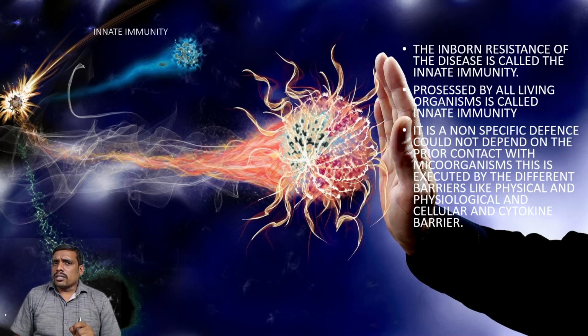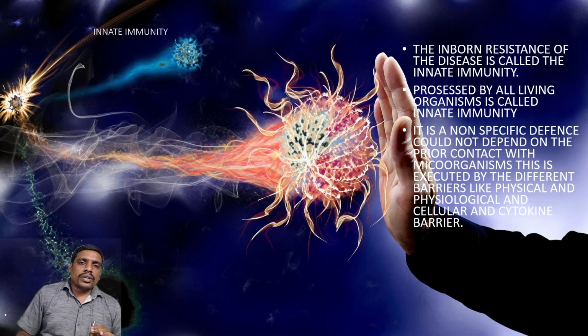The innate type of immunity is executed by different barriers. There are some factors which influence this innate immunity, and these factors are called barriers.